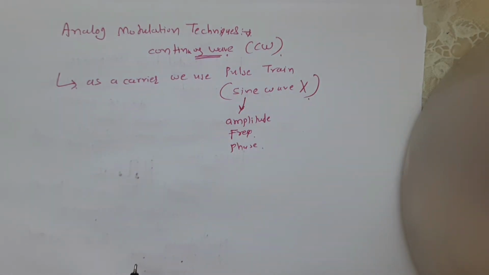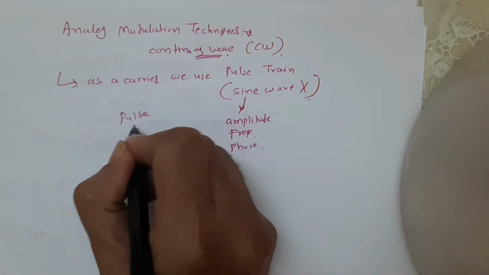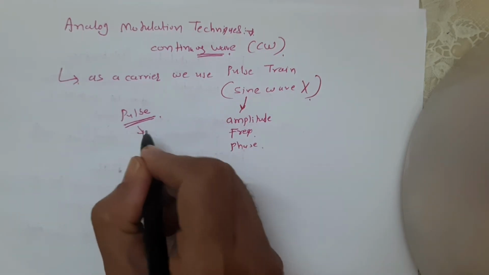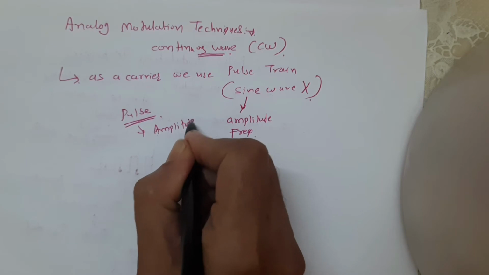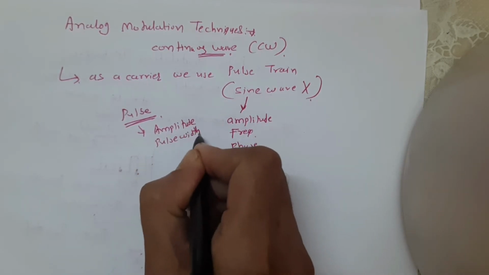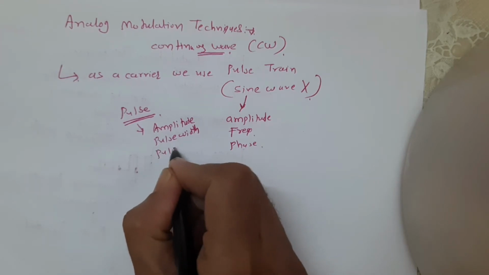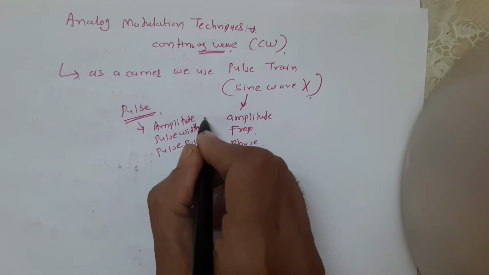The pulse train is also characterized in terms of parameters: the pulse is characterized in terms of amplitude, pulse width and pulse position, right?